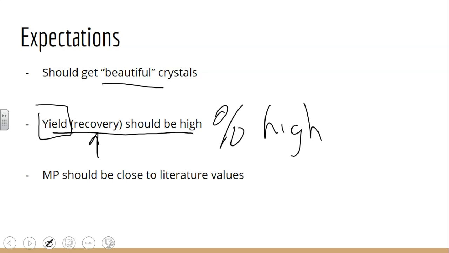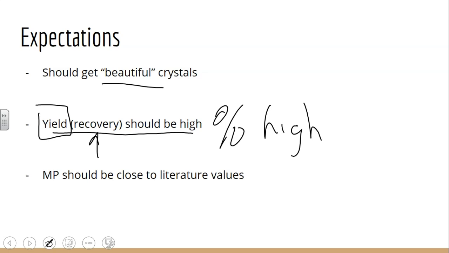It should be really high in this, because you're starting with something that is already 80 or 90 or higher percent purity. So if you get something low in terms of recovery, that means other things have happened, like you lost some of your solid in the solution. It didn't crystallize fully. Maybe when you filtered it, some went through or got lodged in the filter pit.